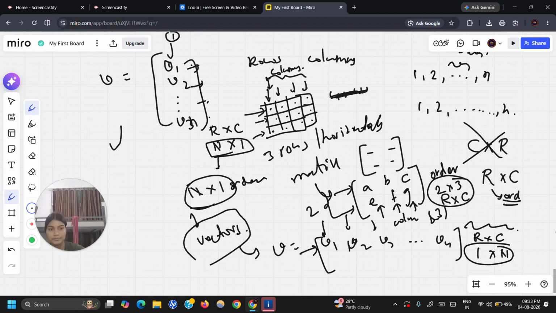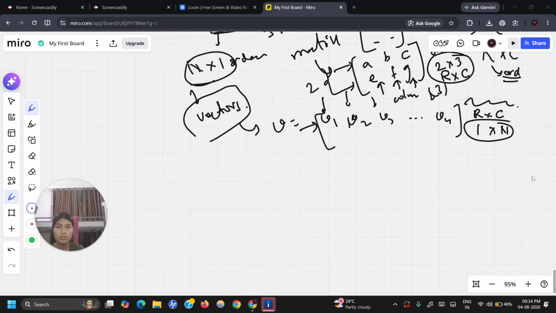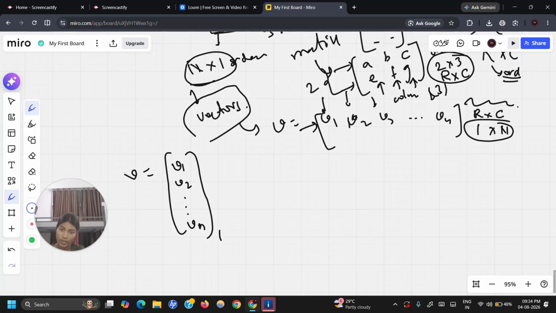So this is a vector. How many rows? n number of rows and one column. So we call this a column matrix, which has only one column and any number of rows, irrespective of whatever this number is.